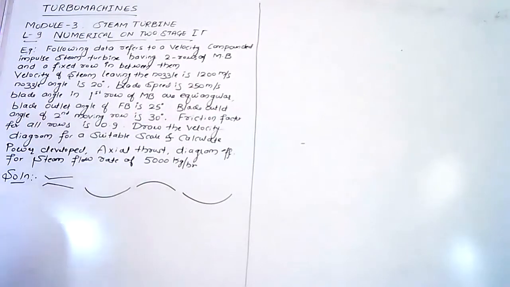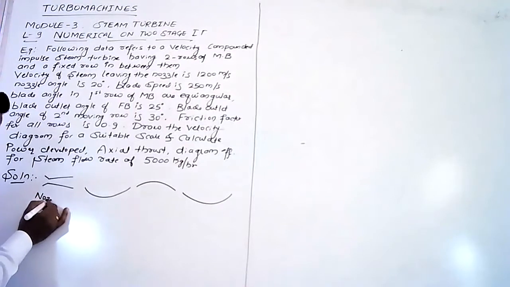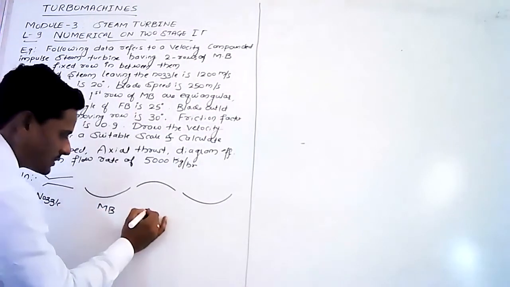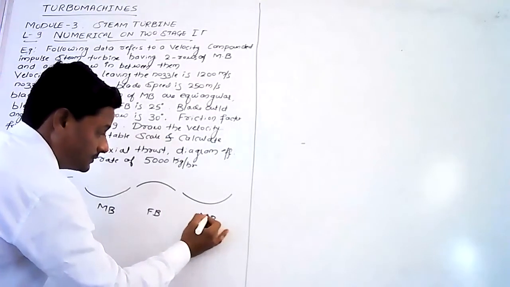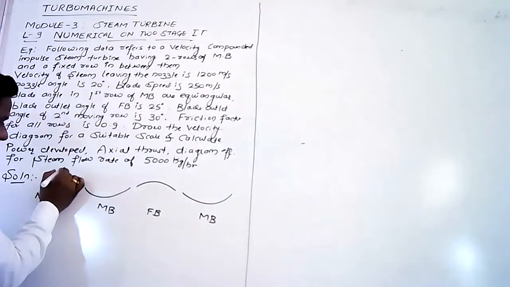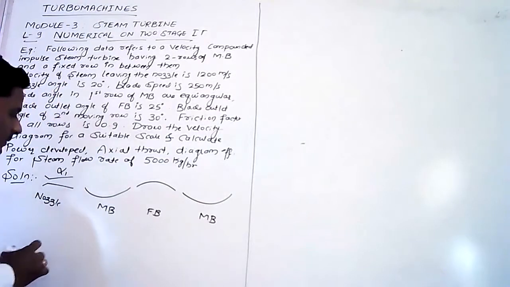This is the moving blade. Is that clear? Okay. Now let us write down nozzle. Next here, moving blade. Next, fixed blade. And lastly, we have the moving blade. Okay. For nozzle, we have the angle alpha 1. It is represented by alpha 1.